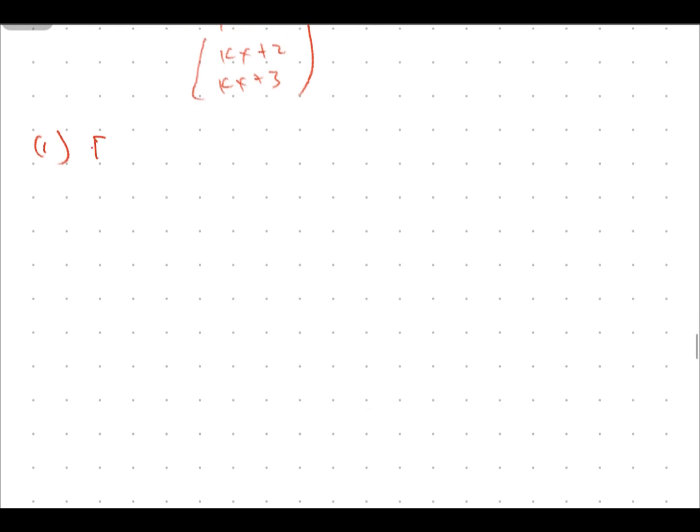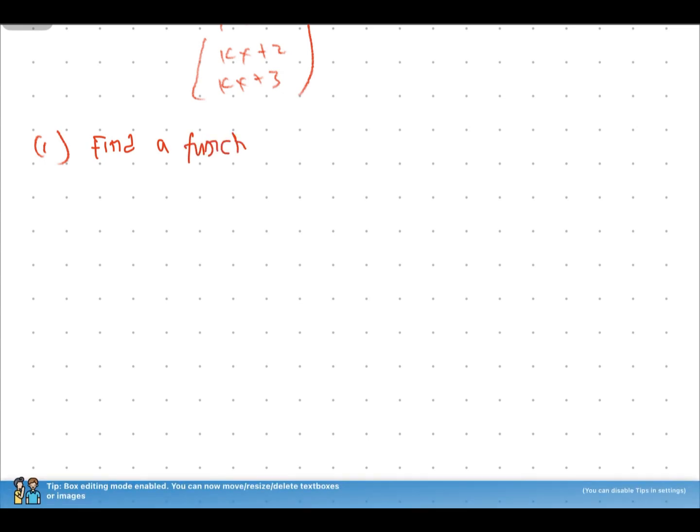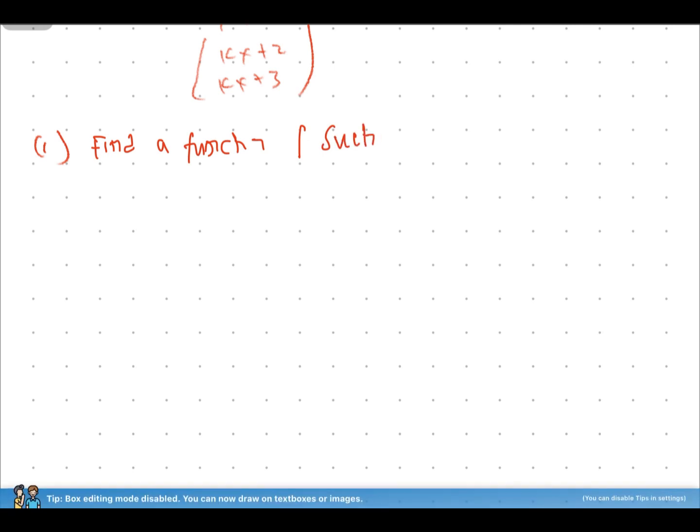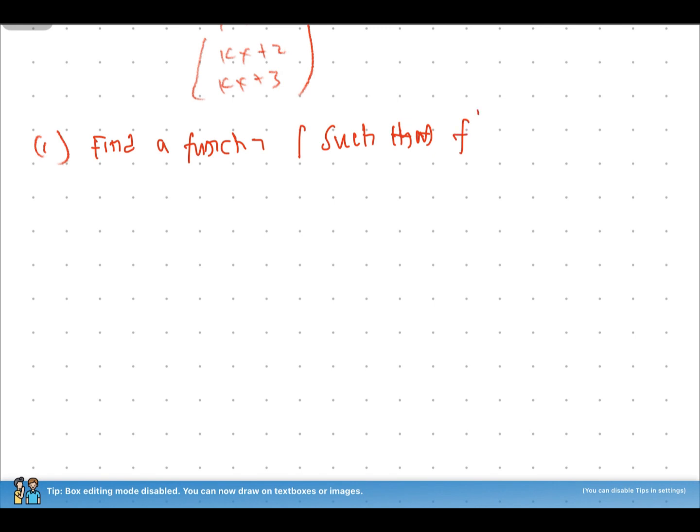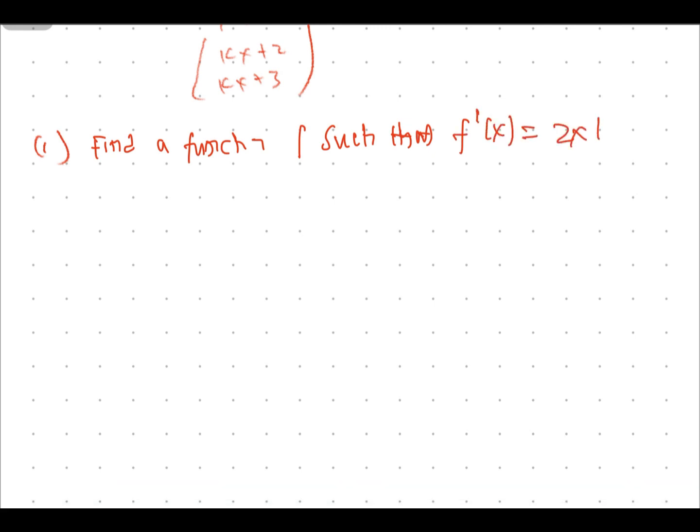Find a function f such that f prime of x is equal to 2x plus 3 and f of 1 is equal to negative 2.